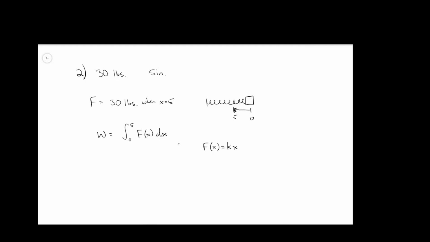Well, all we got to do is basically just say the force is 30 pounds when x is equal to 5. See that? I'm just plugging in the given force, the given distance. That allows me then to find k. k has to just be 6 then. And so now we can say, well, the work done must be, we figured out what that f of x function actually is. And the integral itself becomes very simple. It's just 6x. And then we can find the antiderivative of that, 3x squared.